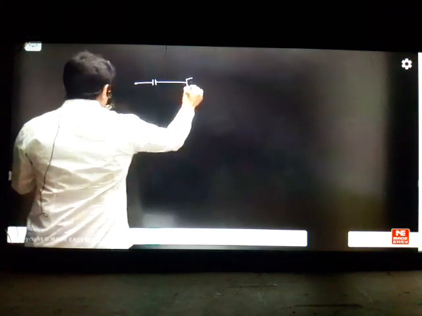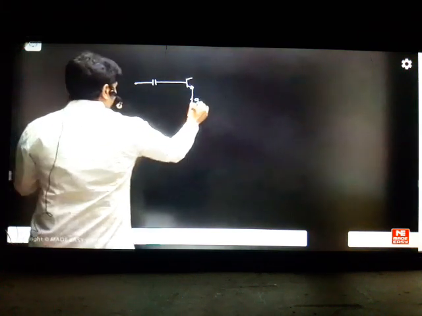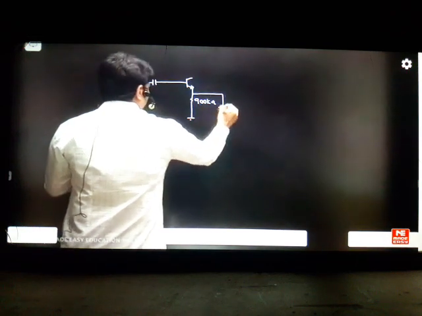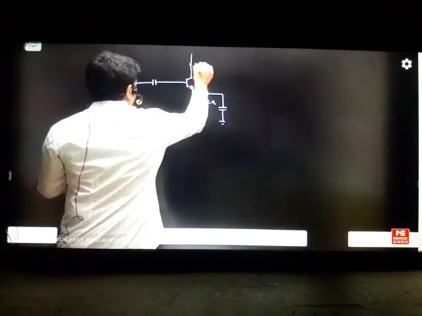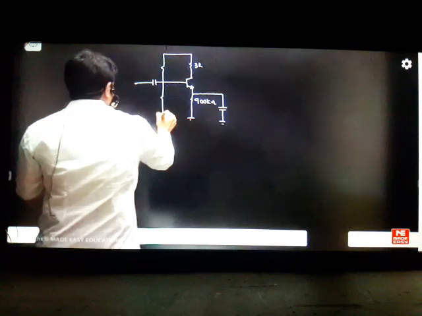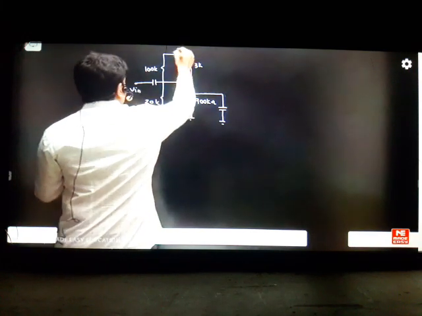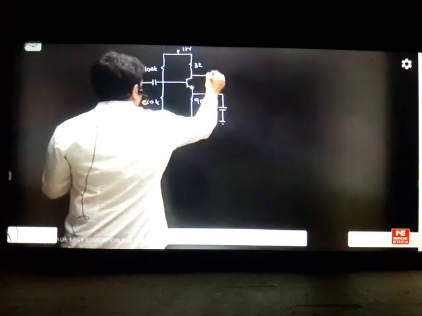The first question, if you understand clearly, question number 1. He has given an amplifier circuit like this: 900 kilo ohms, a capacitor here, 3 kilo ohms, and some biasing resistors, 100K. This is my input. This is 20K. This is 12 volts, and you have the output.